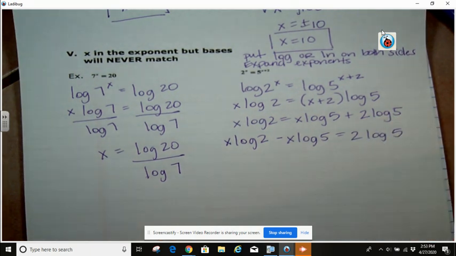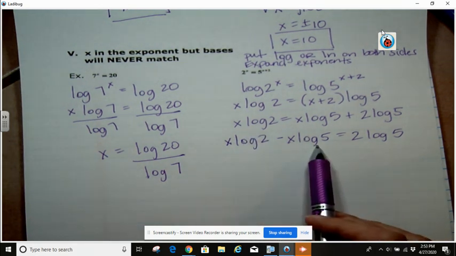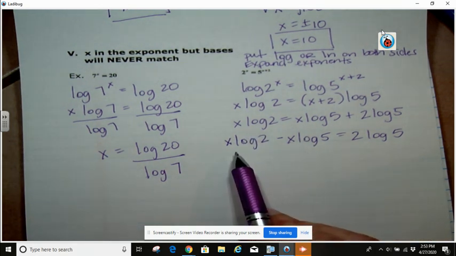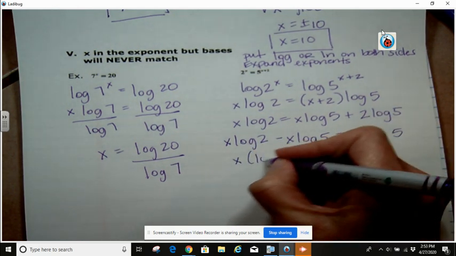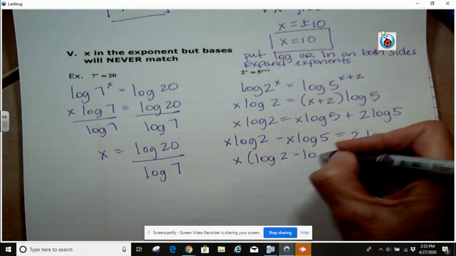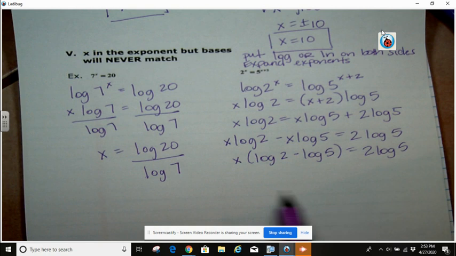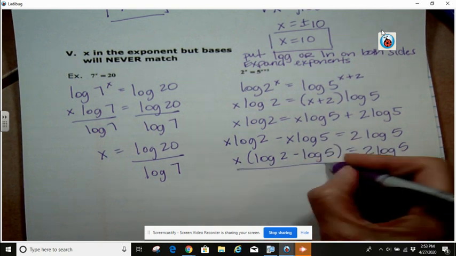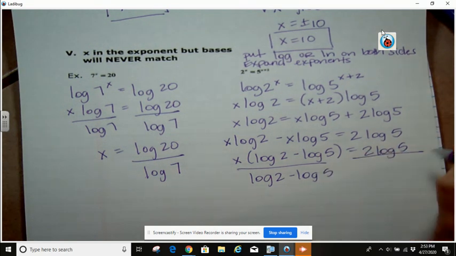And now when I do that, it creates a situation where these two terms both have x. That makes x a common factor, which means I can factor it. And once I do that, to isolate x, I can just divide both sides by what's in that parentheses.